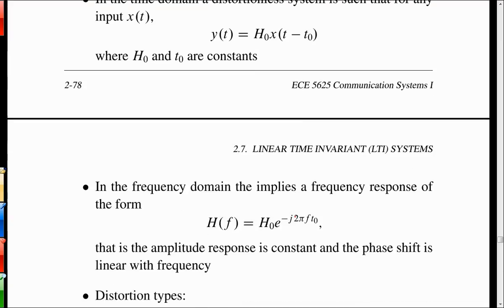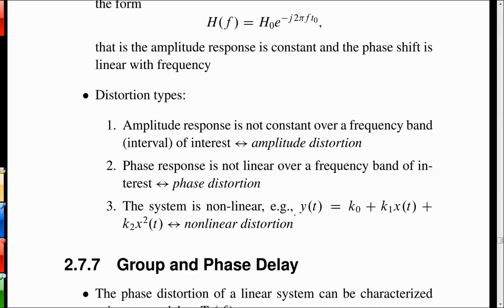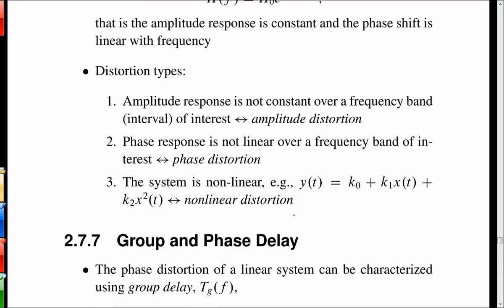But if the output comes out with different types of distortions, like I said, amplitude or phase or nonlinear distortion, then we're not okay. And one of the types of distortion that you might think of, delay distortion at least, is what happens if a signal goes into a system and a signal at one frequency gets delayed, say, by a microsecond, and another signal at another frequency gets delayed by 2 microseconds.